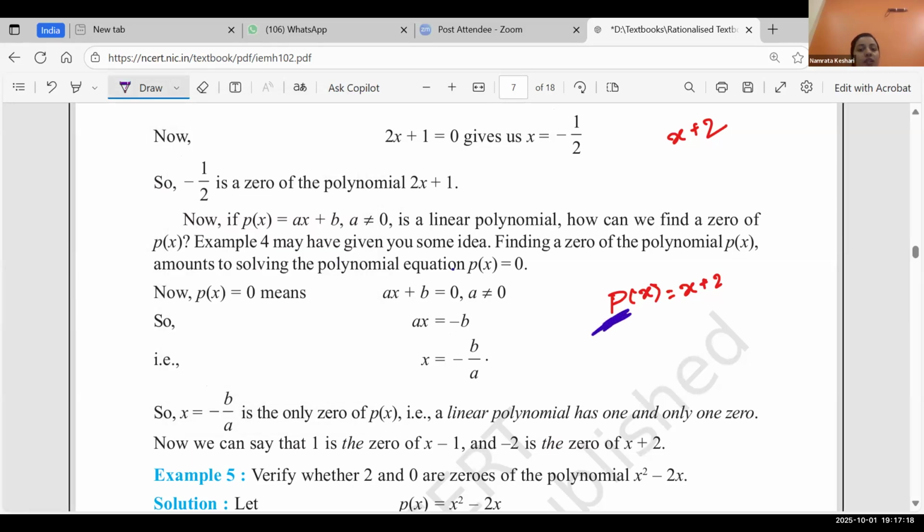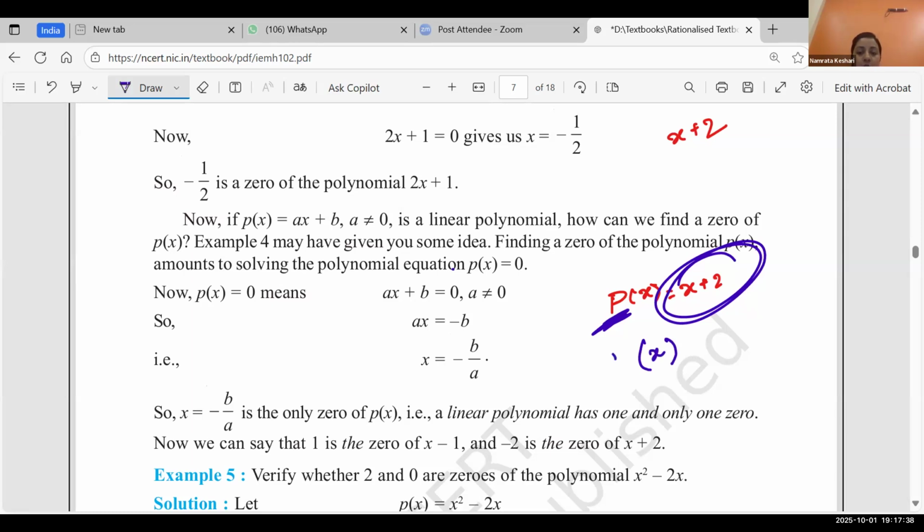The name of this polynomial is p. The way you have your names, Rishikesh, Nikhil, Ryan, similarly the name of this polynomial x plus 2 is p. And then in the bracket it is written that the variable involved here is x.